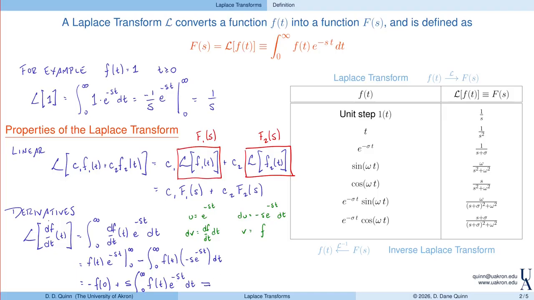So when I take the Laplace transform of a derivative, I end up with s times the Laplace transform of the original function minus f of 0. This ends up being really nice for differential equations because derivatives are transformed into just the function f of s itself, possibly multiplied by s or some higher powers.